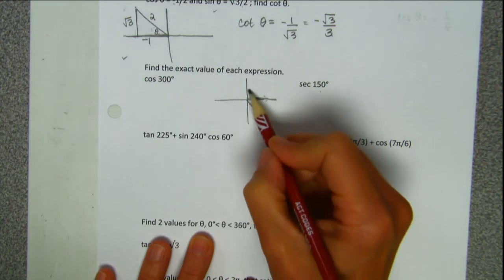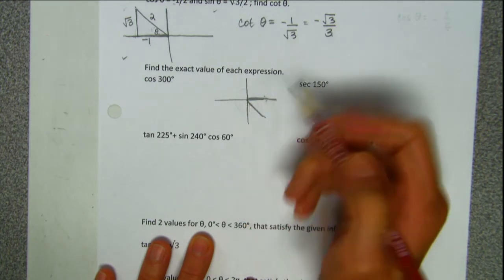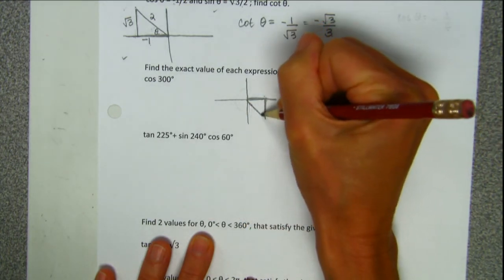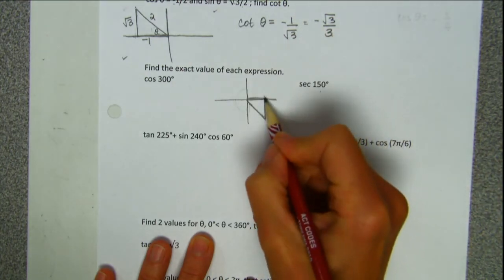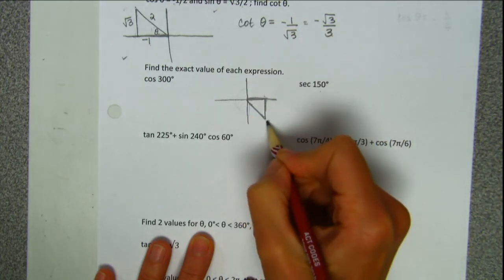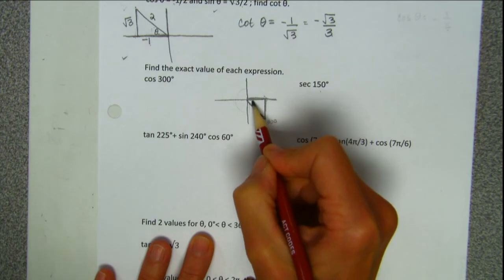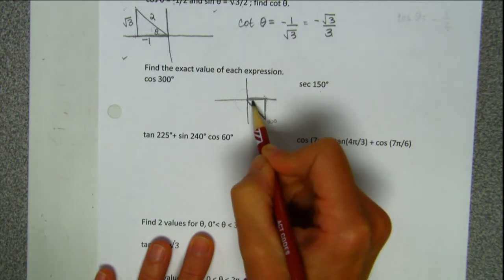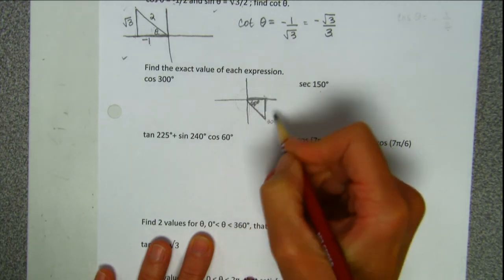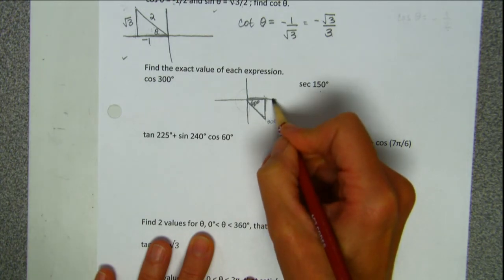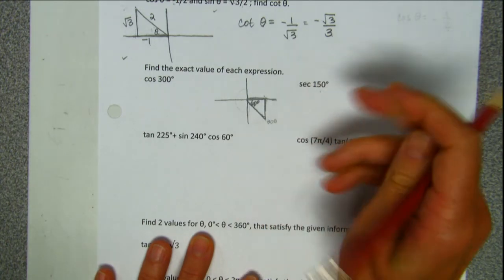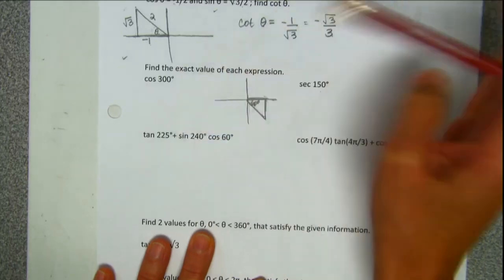I am talking about a 300 degree angle, but I'm going to use a reference angle. I'm going to drop a perpendicular. If this is 300 degrees, what is this angle right here? 60. 60 degrees, because we're almost to 360, but not quite.